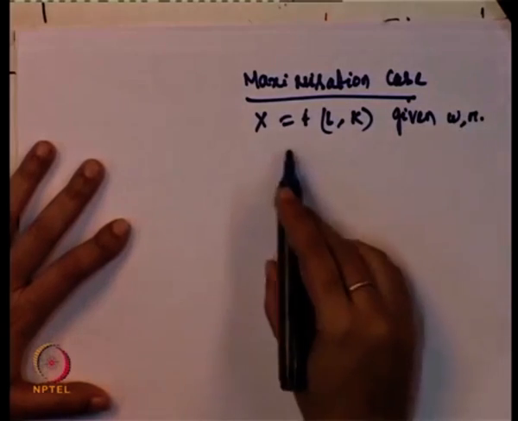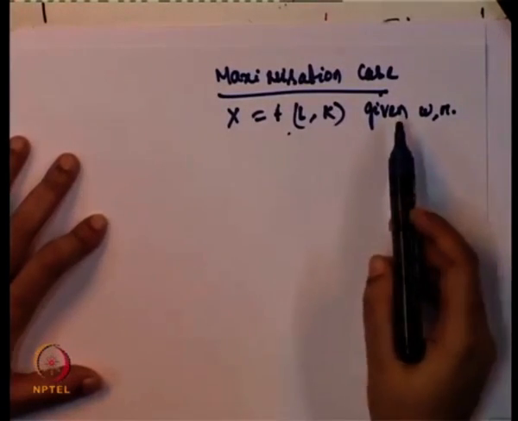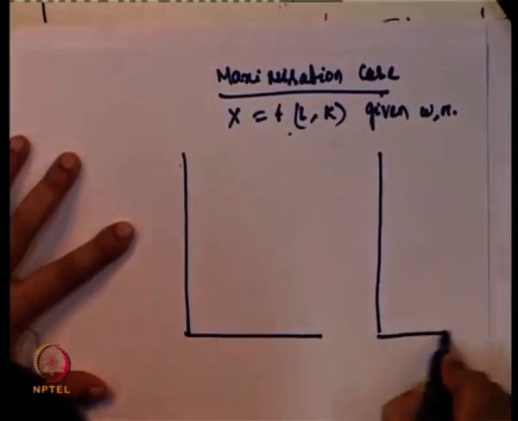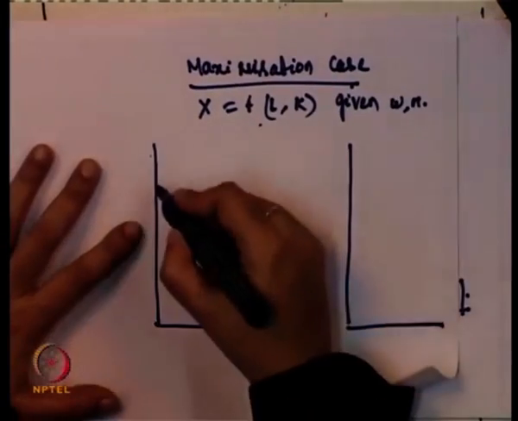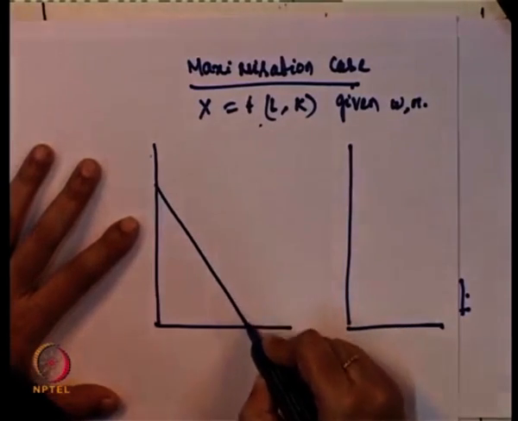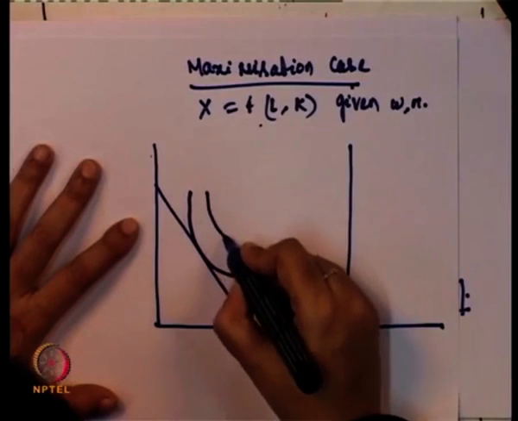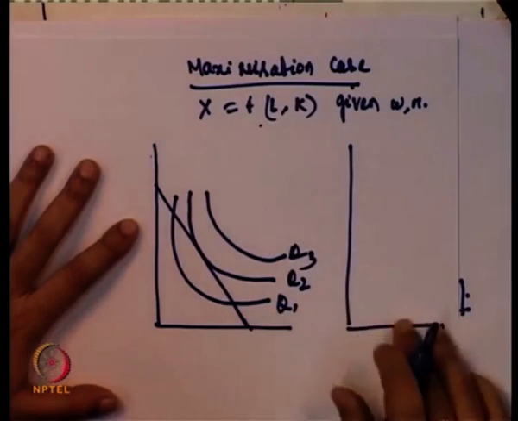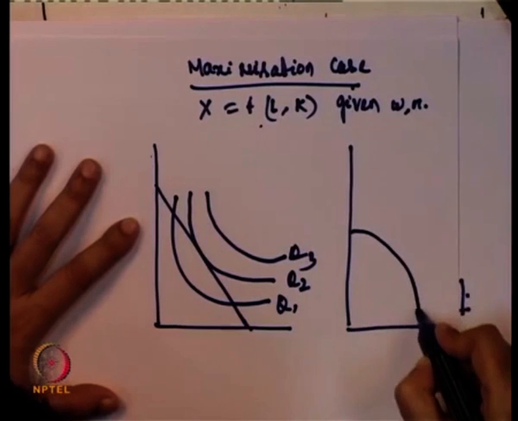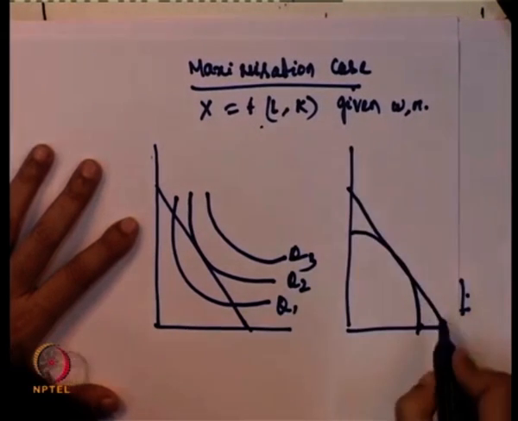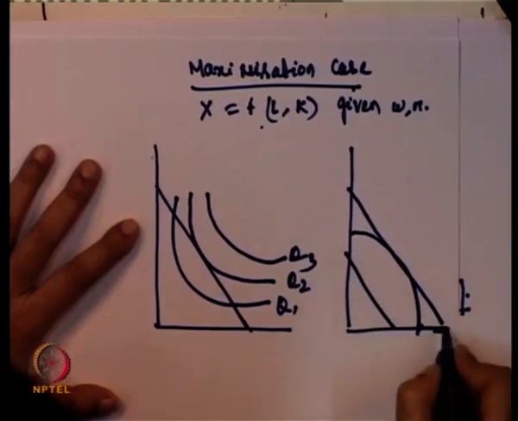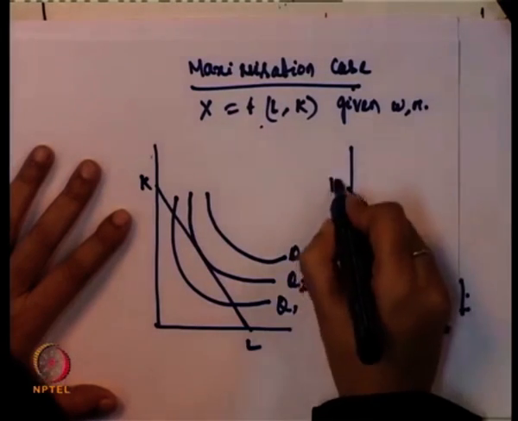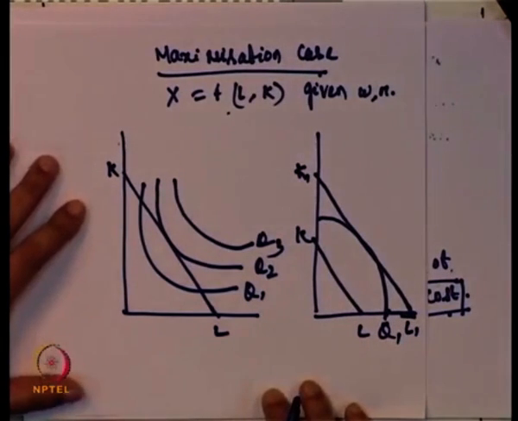Maximization of x, which is a function of labor and capital, with respect to the input prices, that is W and R. If you look, there are two graphs.